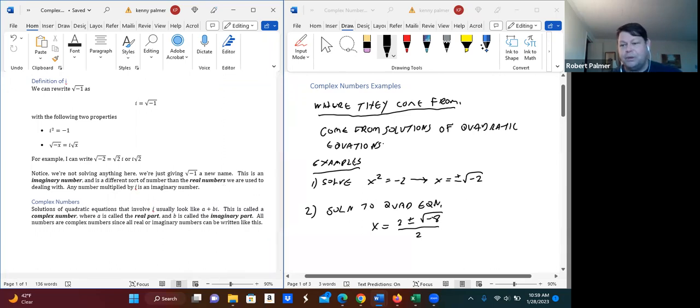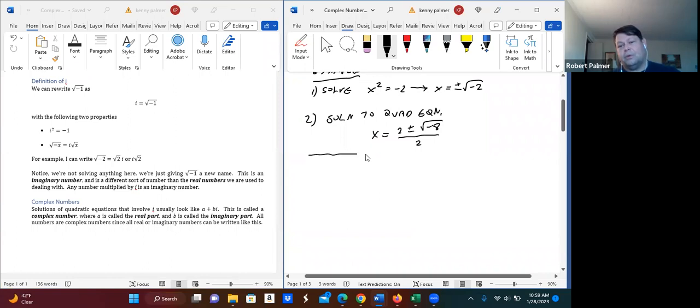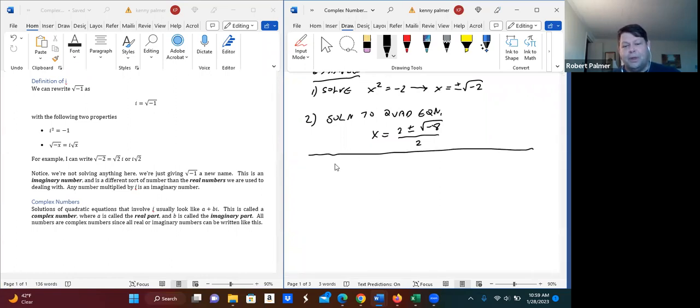Okay, so let's actually quickly talk about real numbers. Any number multiplied by i is an imaginary number. Let's take a quick look at some real numbers and imaginary numbers.